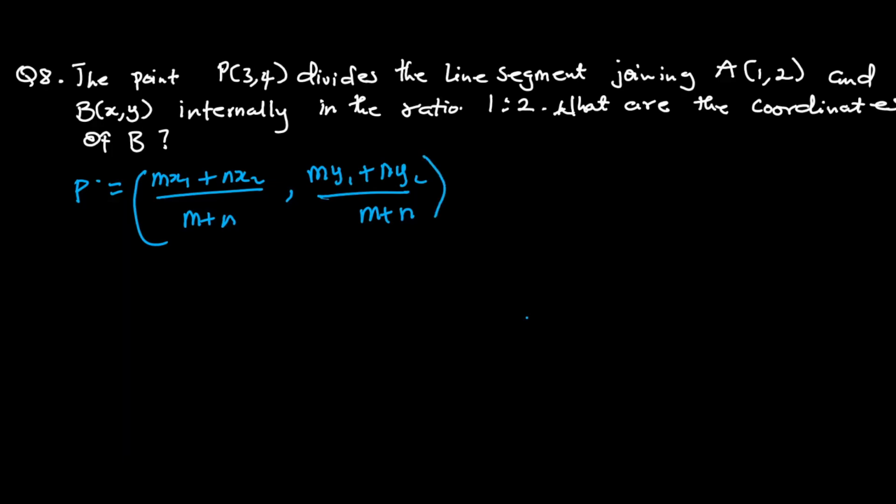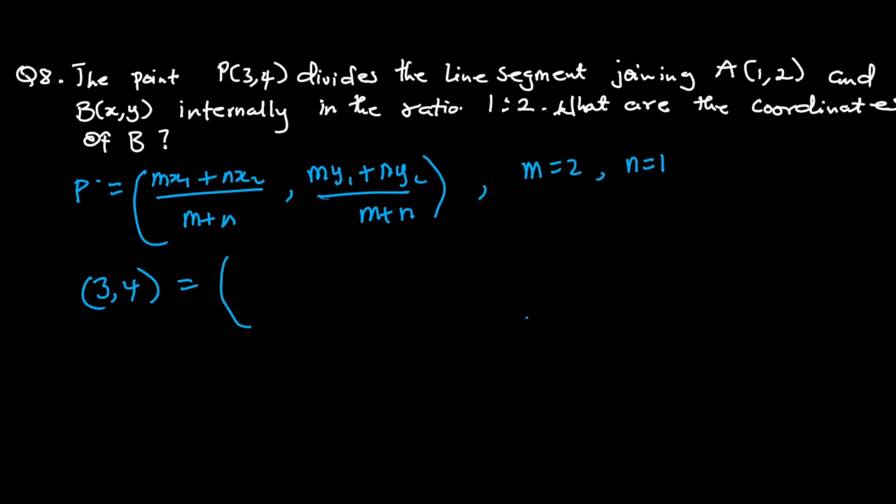In our case here, this point has been given, that is P is (3, 4). So we have (3, 4). When we evaluate whatever is on the right, we are supposed to get what is on the left. Now from our ratio, our m will be equal to 2 and our n is equal to 1.